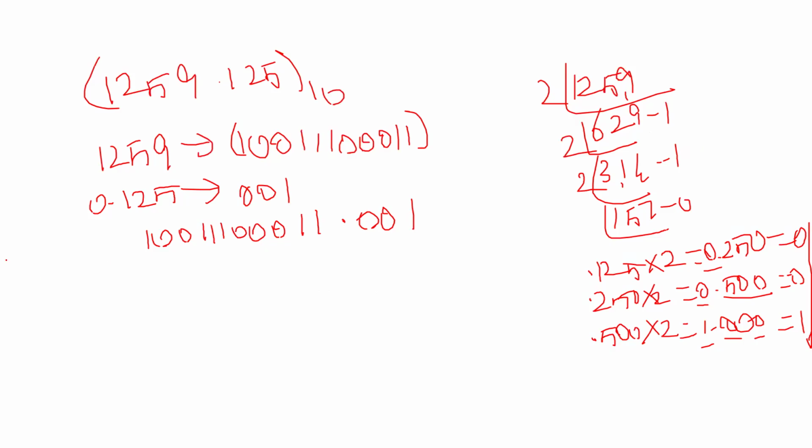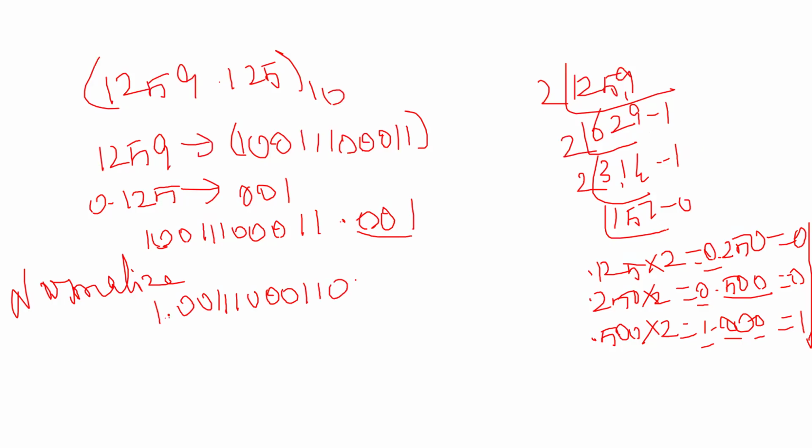So what we have to do is normalize. Normalize means we take the point and keep it after the first place. Now here it is 1 point, then 0, 0, 1, 1, 1, 0, 1, 0, 1, 1, and the 0 0 1 also comes here because the point has moved.